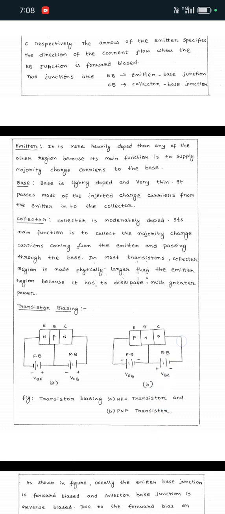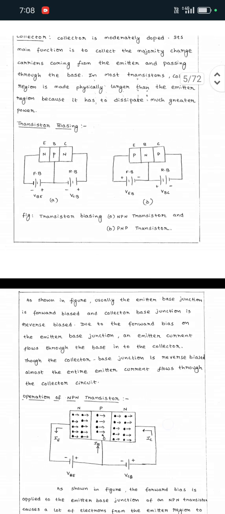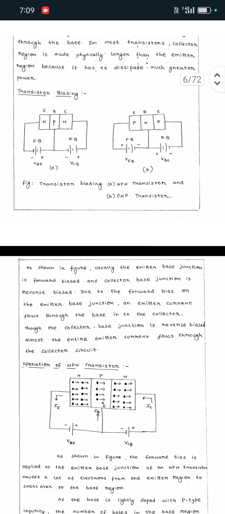Okay, so next, coming to the biasing of the transistor. What is meant by biasing? The NPN and PNP transistors work under biasing conditions. In order to operate the transistor properly as an amplifier, it needs biasing, that is, external voltages applied to the PN junctions.